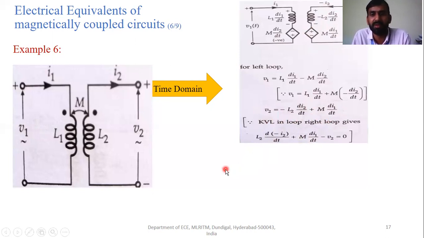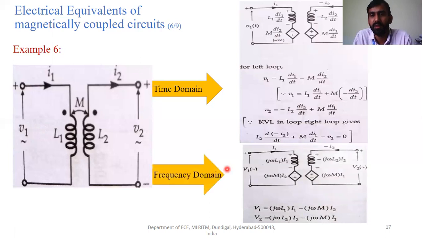When you are representing the frequency domain, again same story. Just multiply the derivative of the signal with j2 pi f. j2 pi f is nothing but j omega, because omega is equal to 2 pi f. So we get j omega L1 I1 minus j omega M I2.